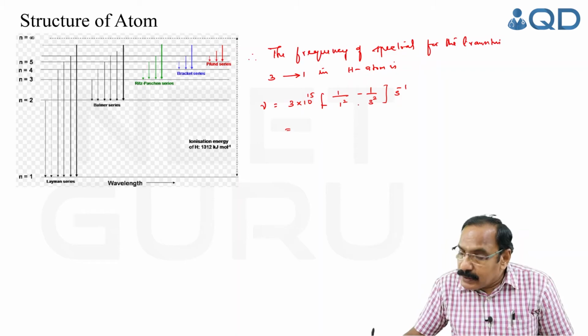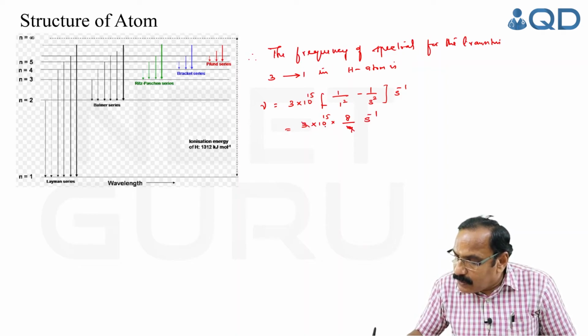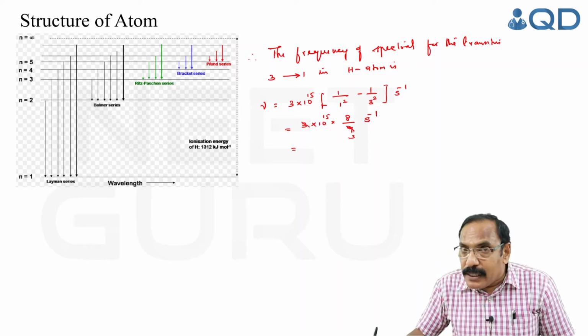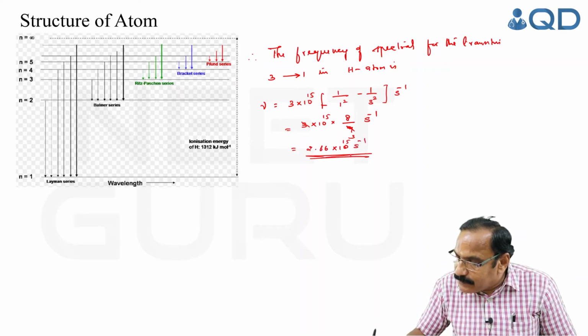It is 9 minus 1, 8, so 8 by 9. So 3 into 10 to the power of 15 into 8 by 9 second inverse, or 8 by 3 into 10 to the power of 15, which comes to be 2.66 into 10 to the power of 15 second inverse.